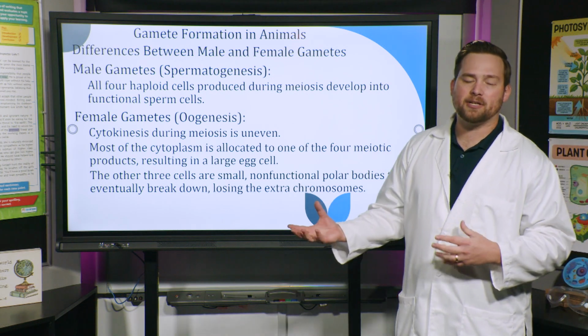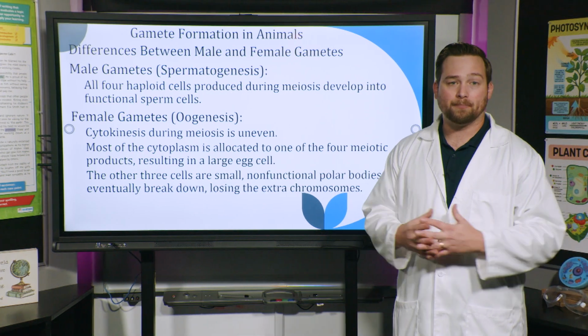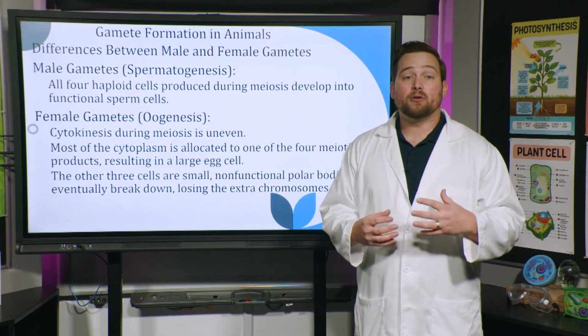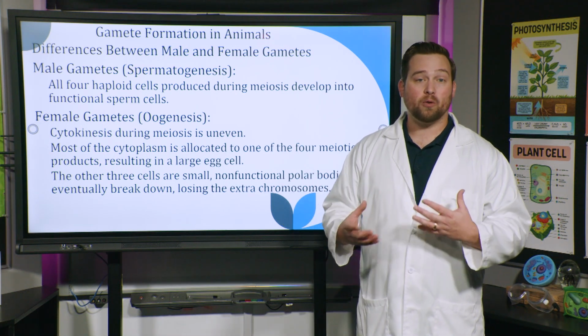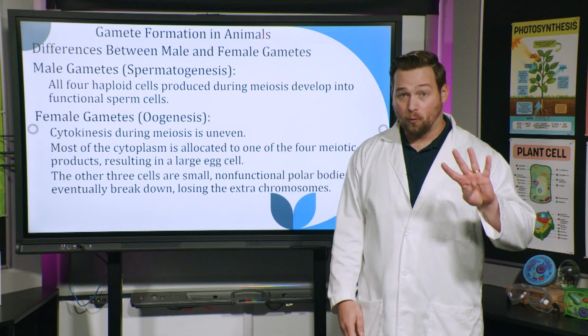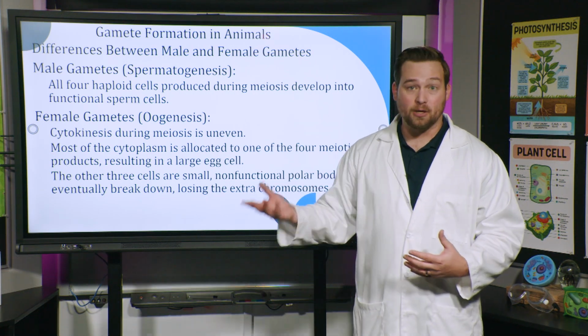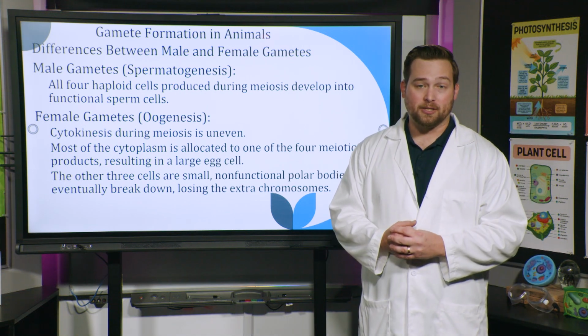Okay, so let's talk about the difference in gamete formation between men and women. As a reminder, in men, we do something called spermatogenesis, and we're going to make sperm cells. When we do this, we produce 4 functioning sperm cells, and all of them can be used to make offspring. In females, it's a little bit different.